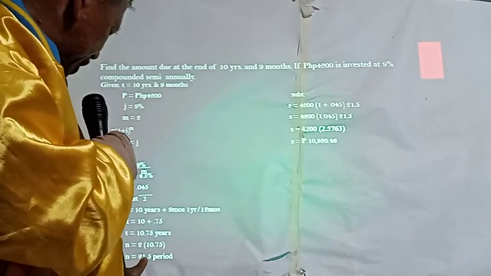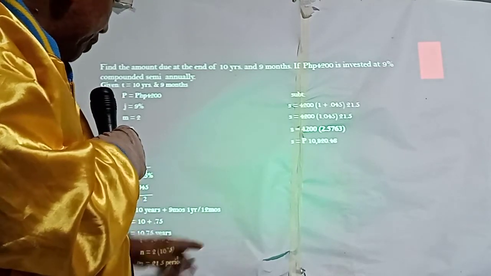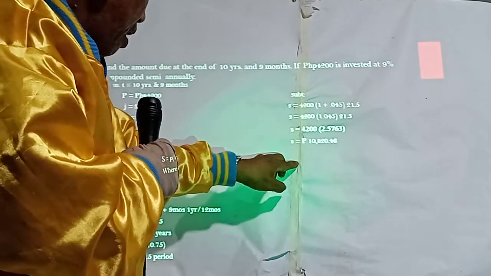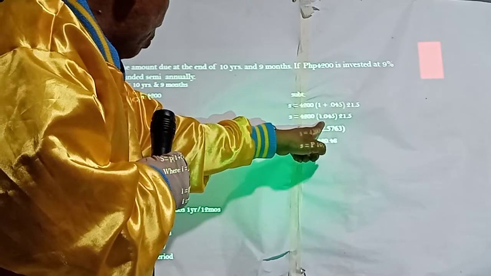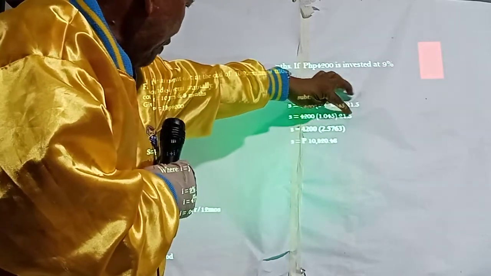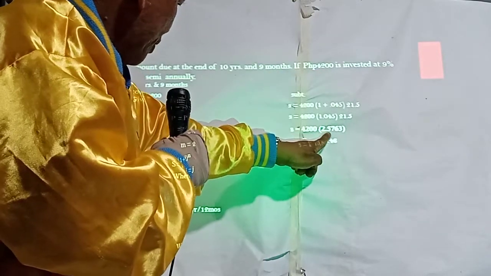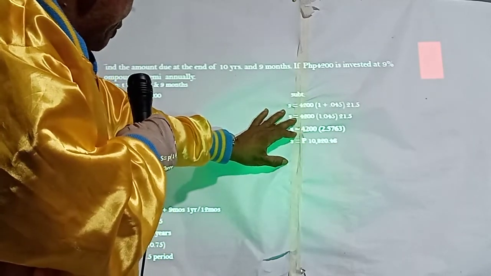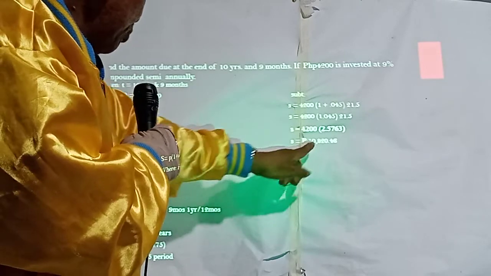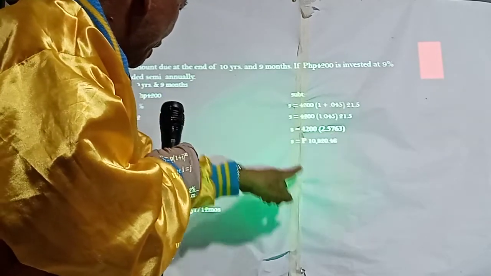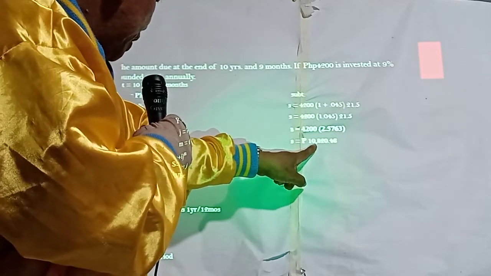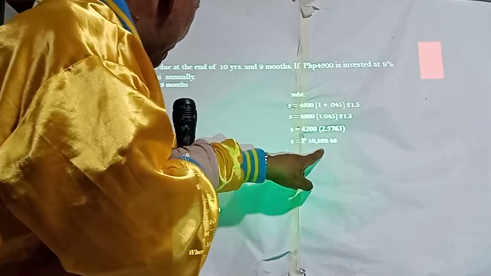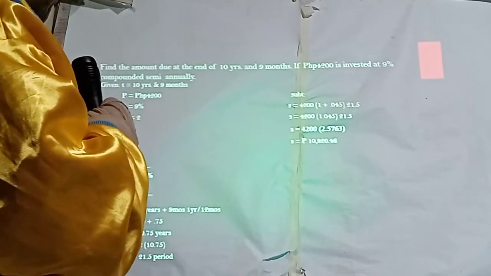So that is n is 21.5 periods. So that is raised to n. Now, the value of 1.045 raised to 21.5 is 2.5763. Okay, we multiply 4,200 by 2.5763. So that is now equivalent to 10,820.46.